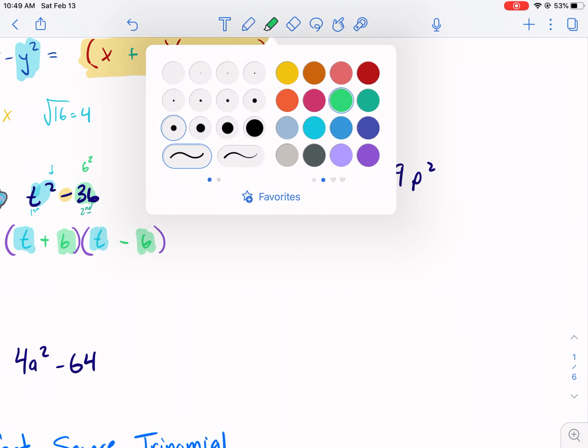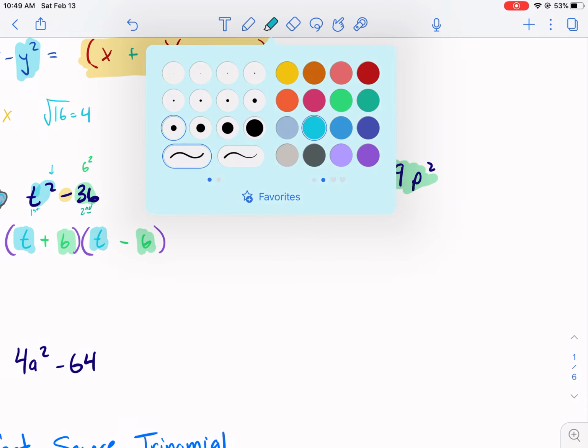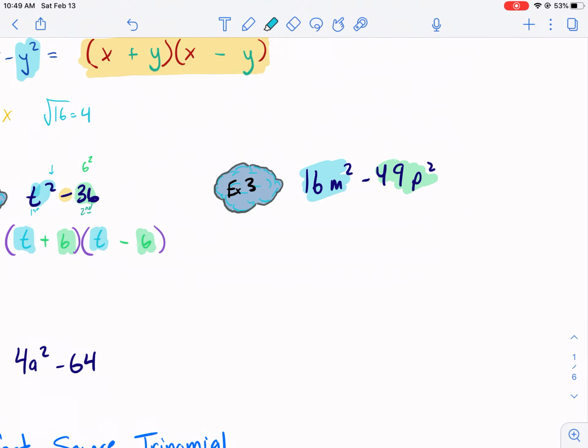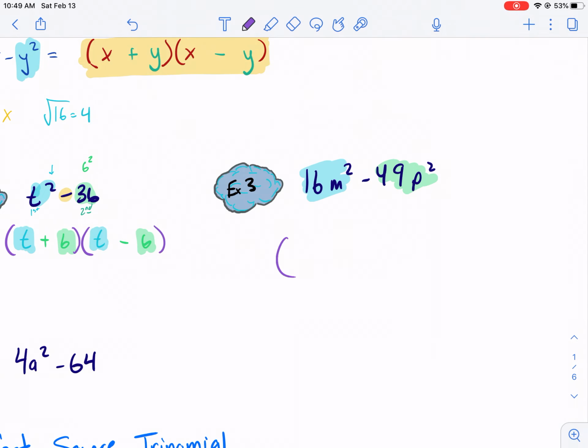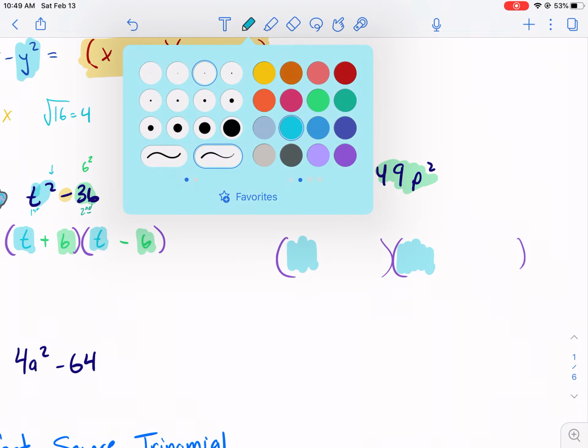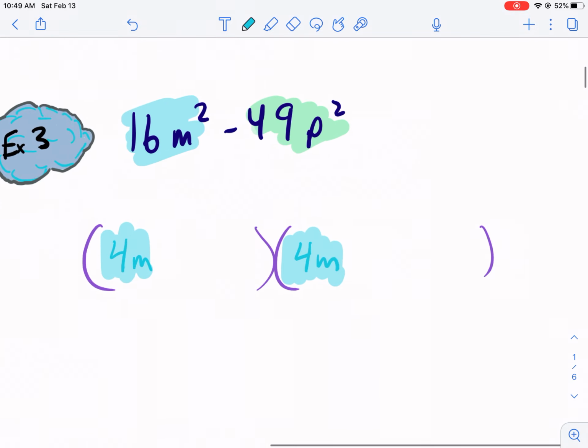Then we apply the same principle to the next one. Is this first term a perfect square? The answer is yes. So we put the square root of that first term in those two slots. The square root of 16 is 4, and the square root of m squared is m, so it's just 4m for both slots.